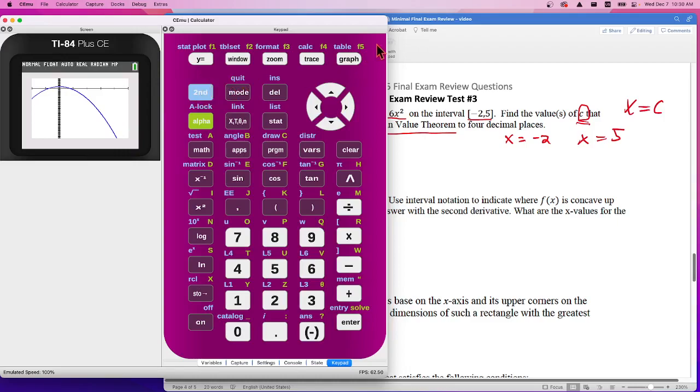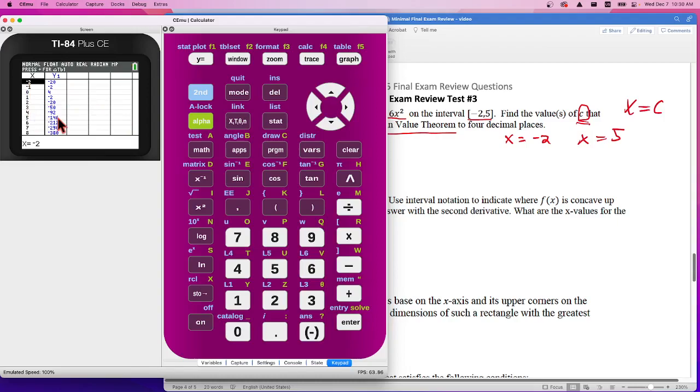One way to do it is to view our table. Let's go to table set. Let's start it at -2, and we're going to go up by ones. We'll go to the table, and we see from -2 up to 5.